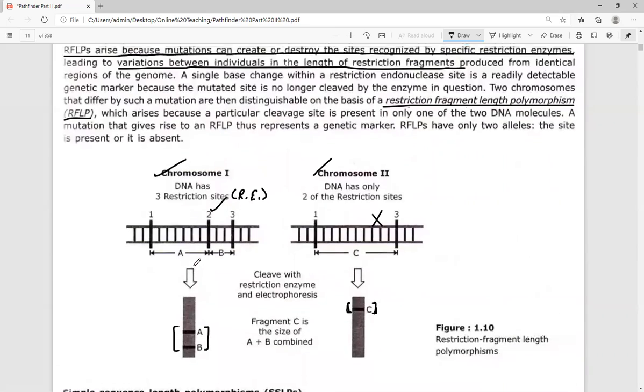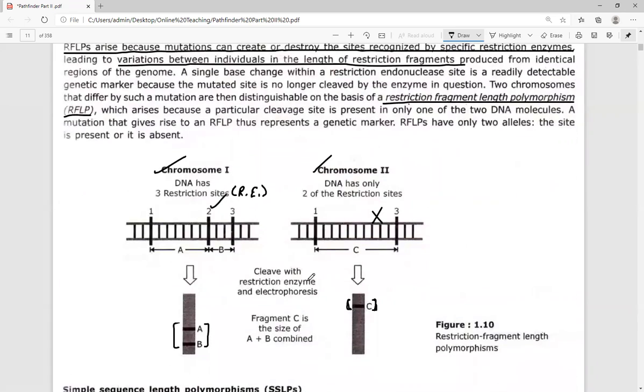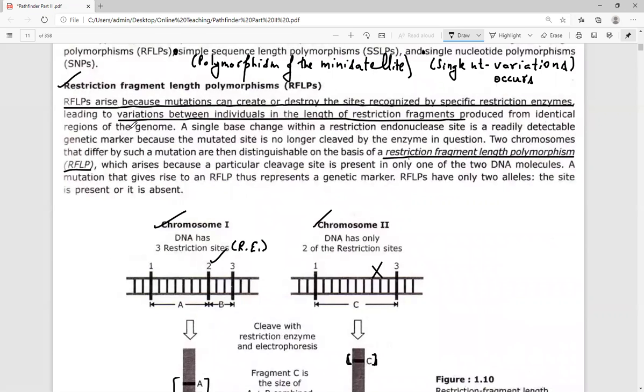Next is simple sequence length polymorphism. Now, what do you mean by simple sequence? Any query with regard to restriction fragment length polymorphism, you can ask me.